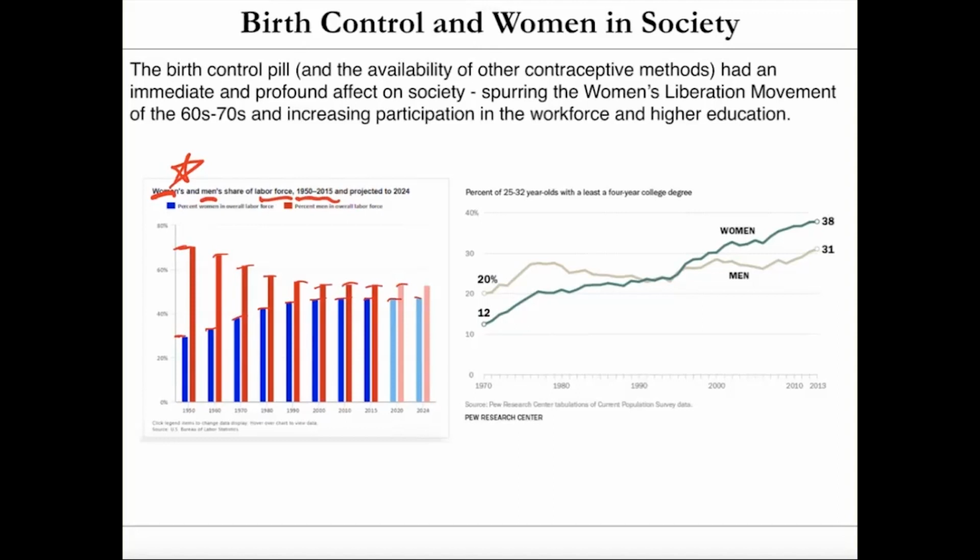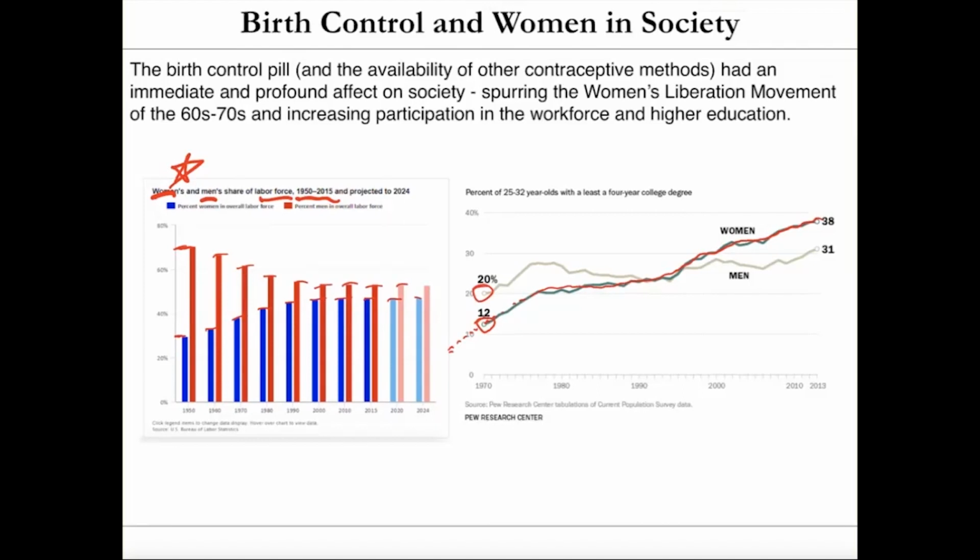Also, the participation of women in higher education. You can see in 1970, only 12% of women were going to college. Actually, I should have found the numbers for before that time, but it was 20% of men. And you can see over the subsequent years, the participation of women with a 4-year college degree has basically exceeded that of men.